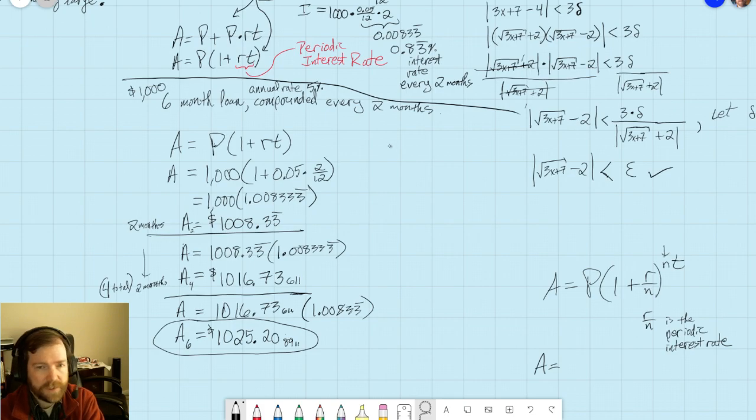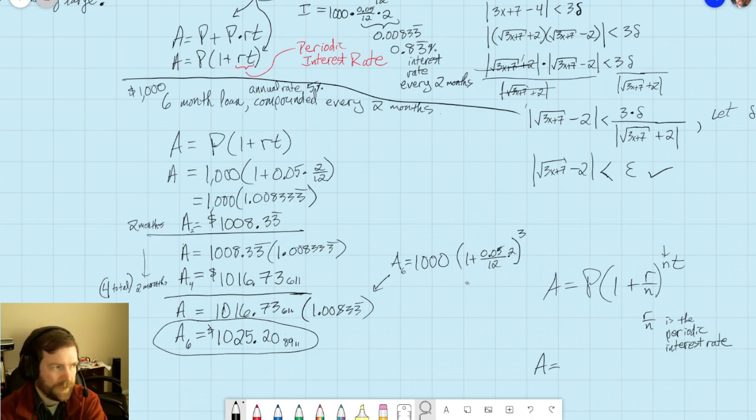So really, A6 is equal to 1,000 times 1 plus 0.05 over 12 times 2, because here we had once every 2 months, raised to the third power, because we're doing it 3 times. 1 to get to 2 months, 2 to get to 4 months, and 3 to get to 6 months.